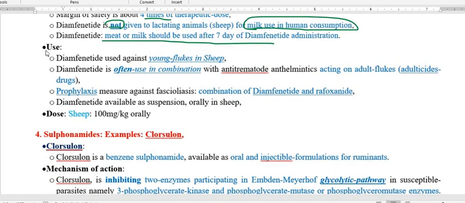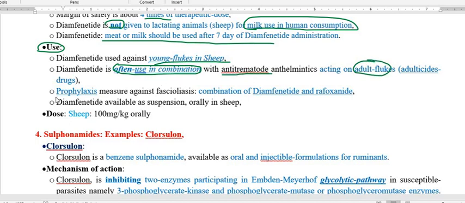Regarding clinical use, diamphenethide is acting against the young fluke in sheep, and diamphenethide is usually used in combination with an anthelmintic, particularly an antitrematodal, showing activity against the adult flukes, that is, an adulticide.